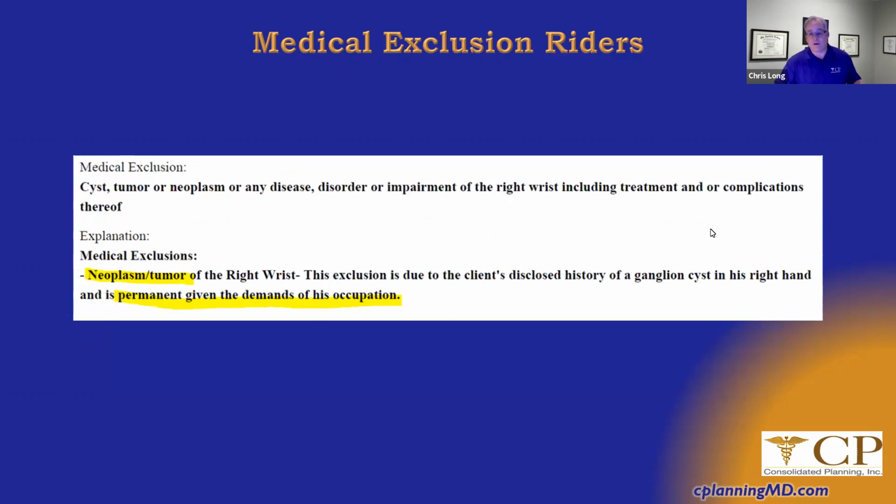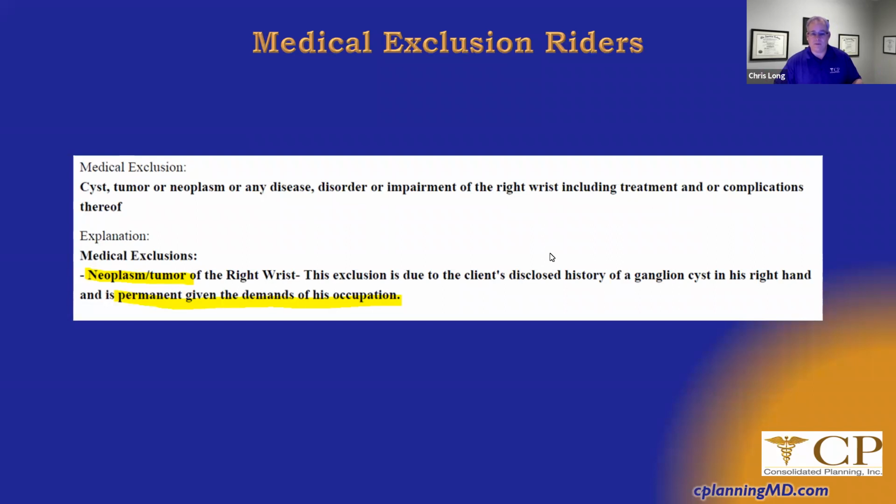Here's one that surprised me, a ganglion cyst. Apparently they have a tendency to come back. So they put a permanent exclusion on this person's right wrist due to this ganglion cyst. And that's not something that you can make go away or undo.